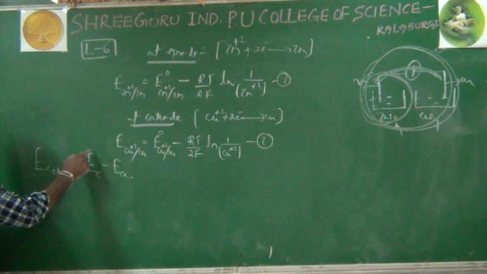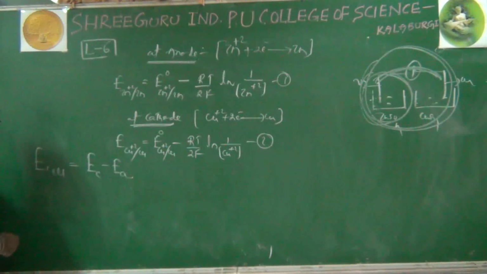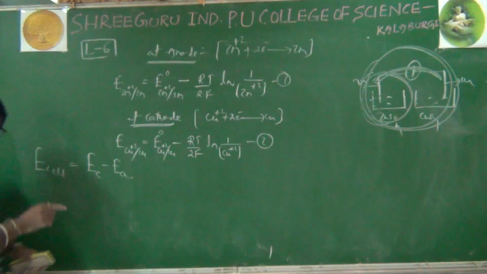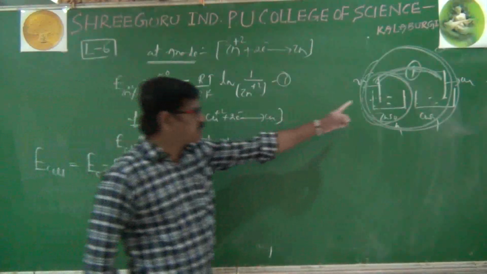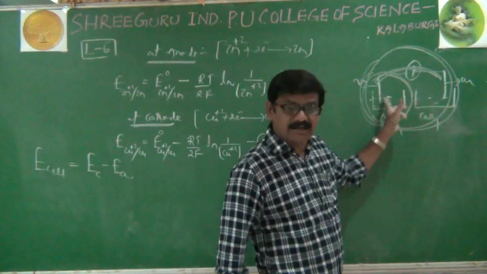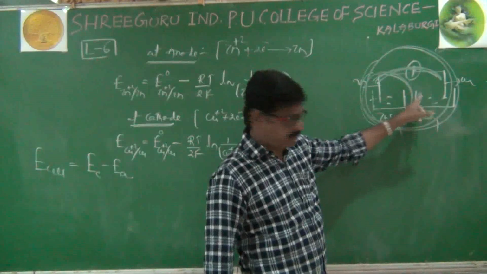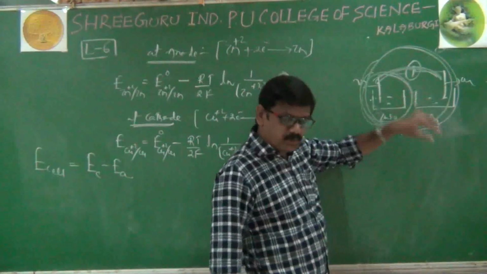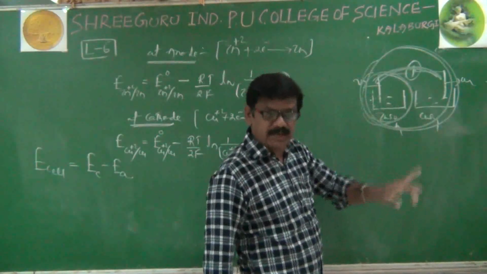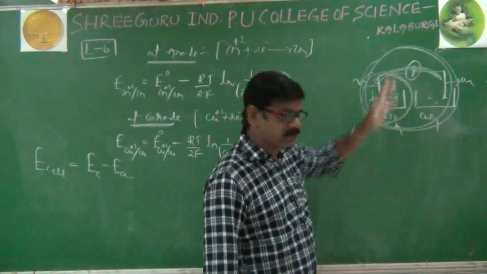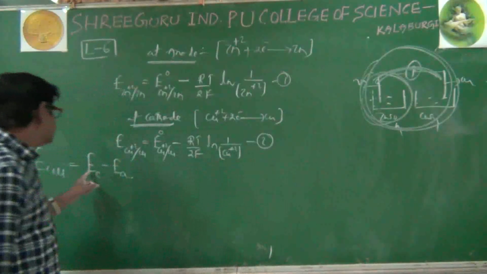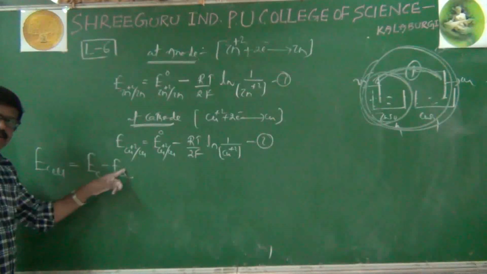Then why are we not writing E⁰ cathode and E⁰ anode? Because now both concentrations are not 1 molar, they are other than 1 molar. That's why we have to use the E cathode minus E anode formula.